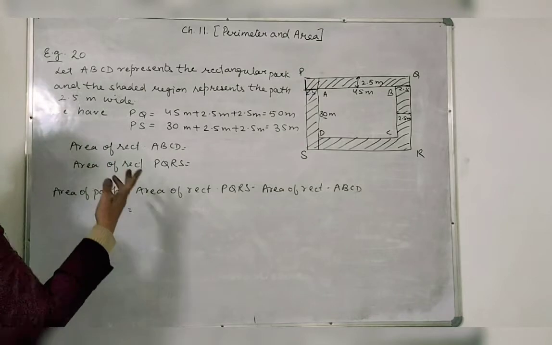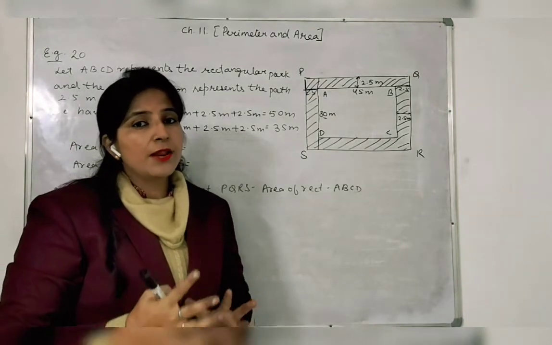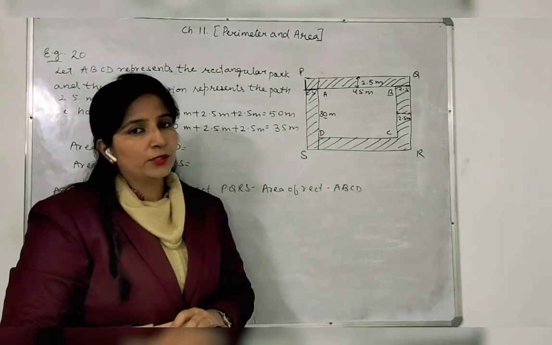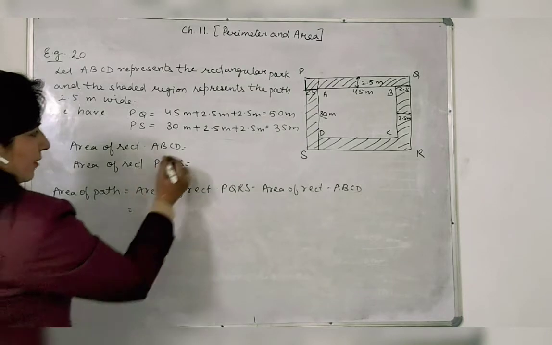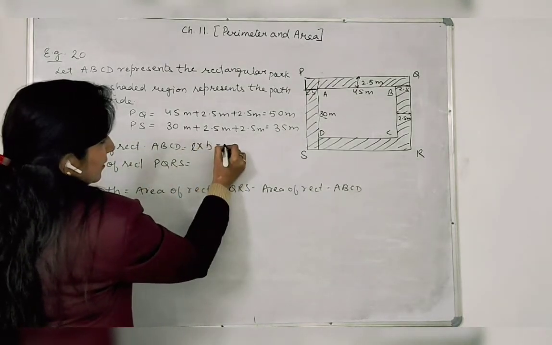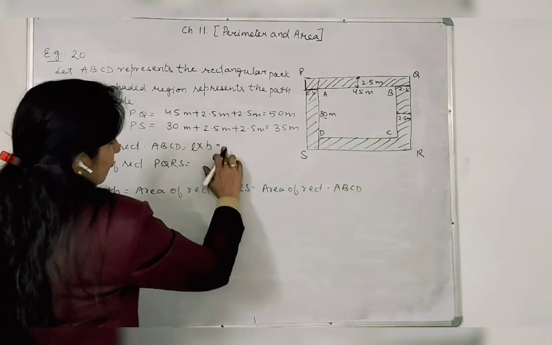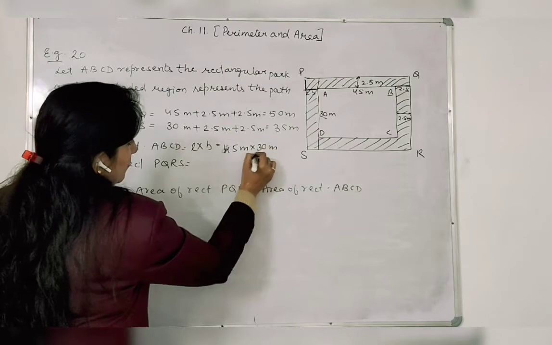Now we have all the measurements of the inner and outer rectangle. Now easily we can calculate both rectangles' areas. So area of rectangle ABCD, you know the formula, length into breadth. So length given is 45 meter and the breadth given is 30 meter.